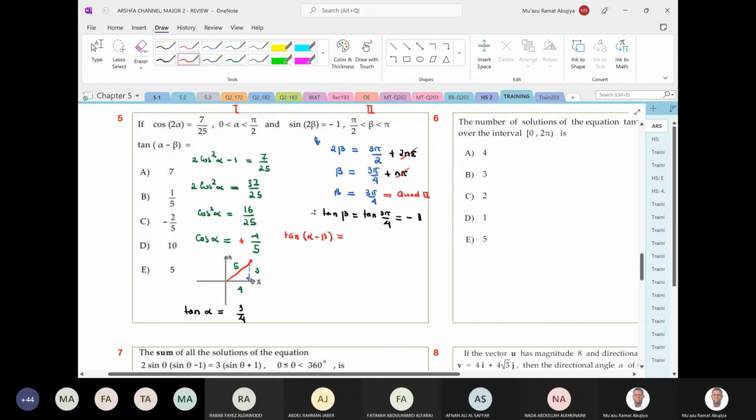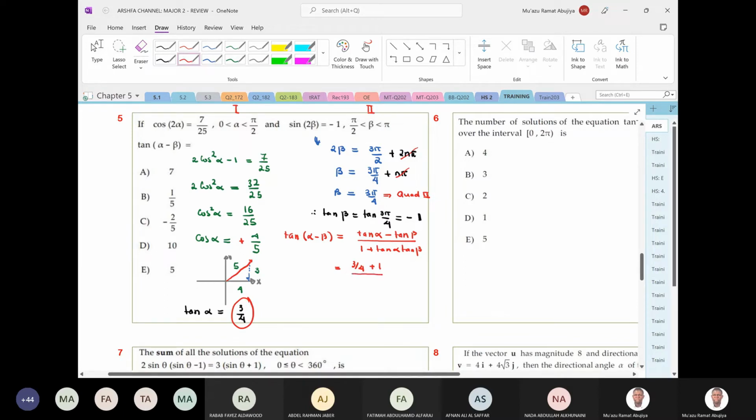This is going to be equal to, if I use the property, tangent of alpha minus tangent of beta, divided by 1 plus tangent of alpha and tangent of beta. What is tangent of alpha? Tangent of alpha is 3 over 4, minus tangent of beta, which is minus 1. Minus minus 1 will be plus 1.